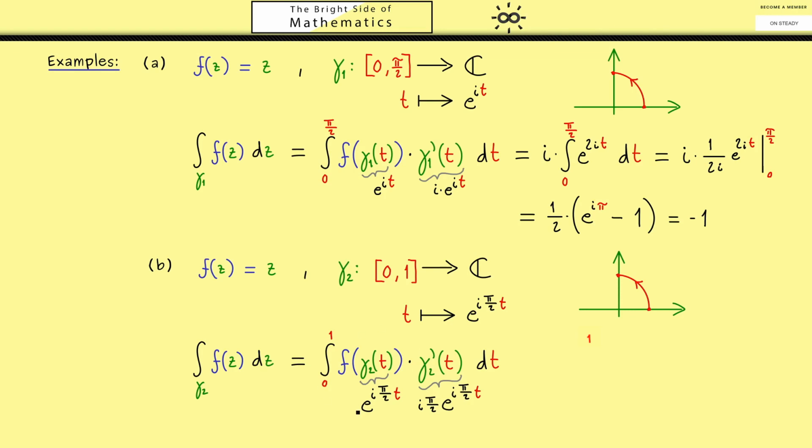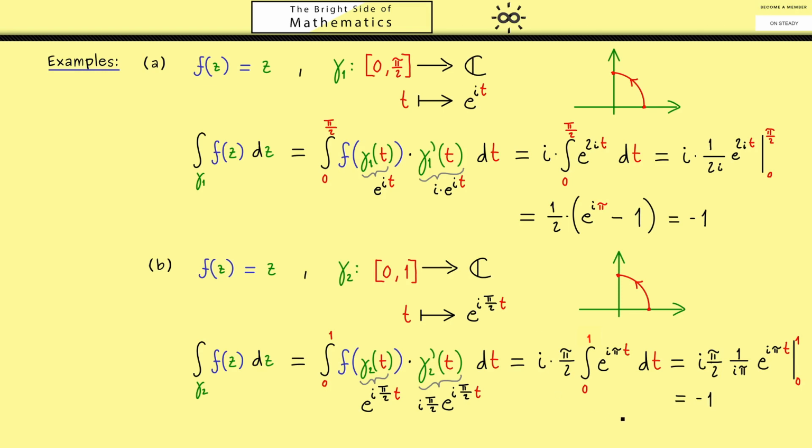Okay, then in the next step we multiply these values again. And then we just have to calculate the integral of e to the power I pi t. Now this works almost the same as before. We have the antiderivative and then we evaluate at 0 and 1. And there you might already see it. We can cancel I pi here and then we get the same result as before. In other words, we get -1.